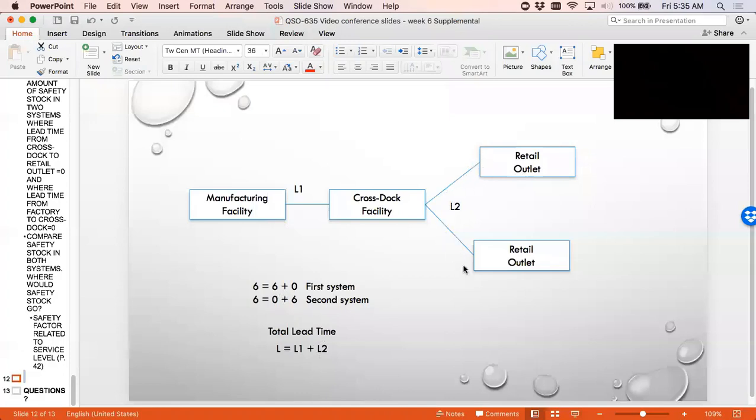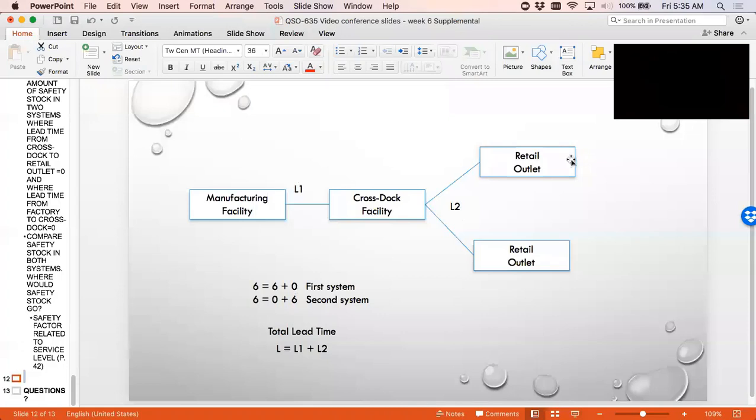So where would you put your safety stock? I'm not going to answer the question for you, but just remember that safety stock goes where the most variation is felt. So which of these locations would have more variation? The one where there's no lead time, or where all the lead time exists.